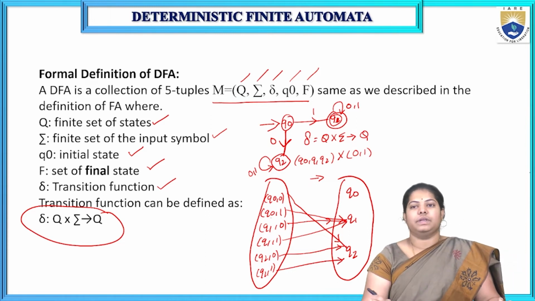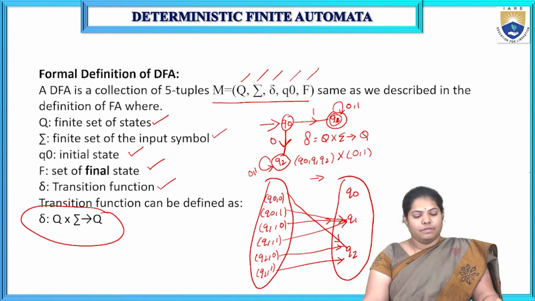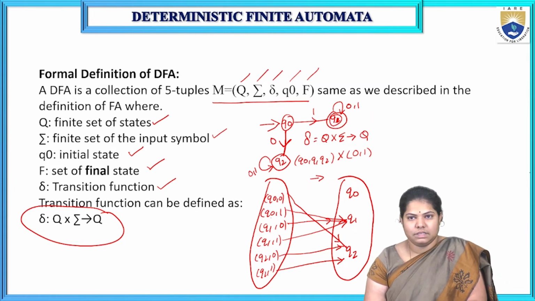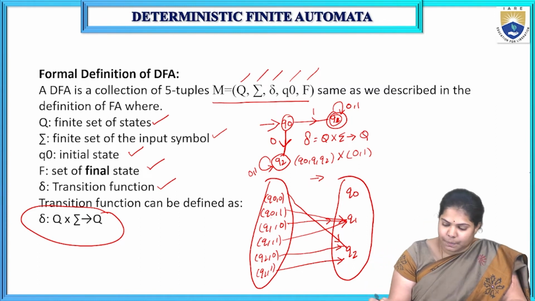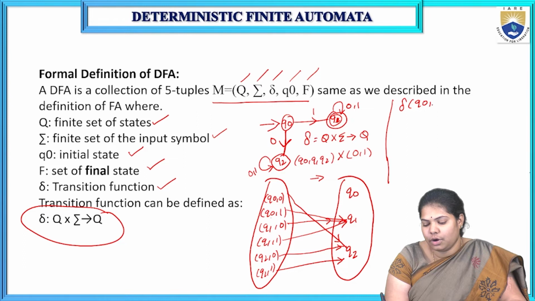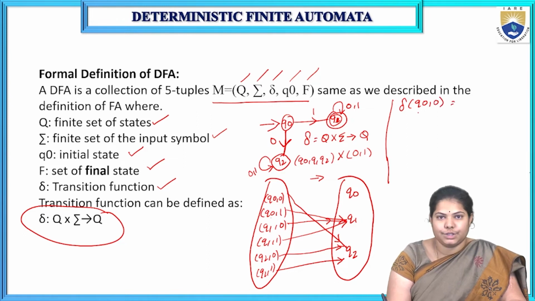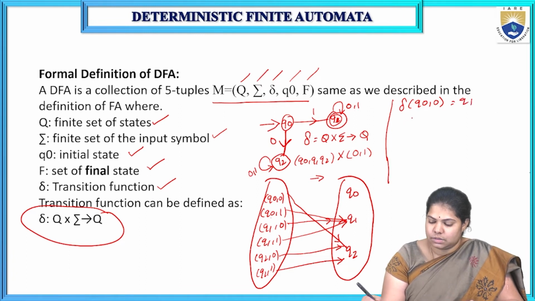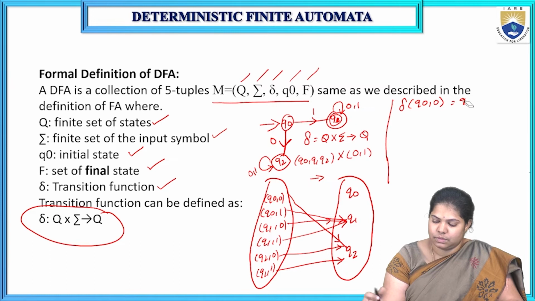So this is one method of representing the transition functions for any DFA, and another one is the second method. Delta of Q0 on 0 goes to Q2. Delta of Q0 on 1 goes to Q1.